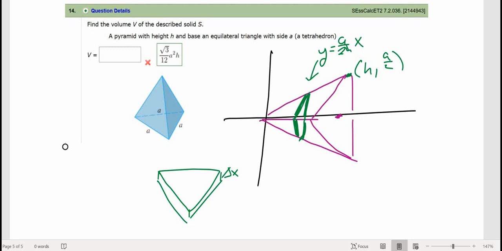Because the slope is a over 2h, and the y-intercept is 0. So I'm just looking at that edge of it. If you're looking at it dead onto the side, that part. Okay, so the whole side then, since they're all the same, I'm just going to write it over here, would be a over h.